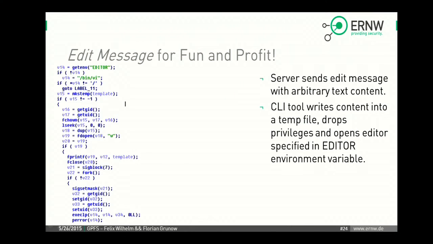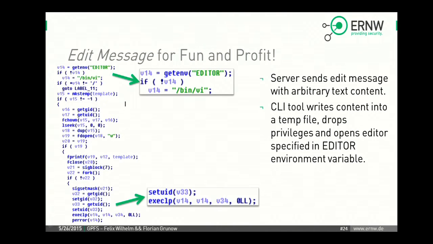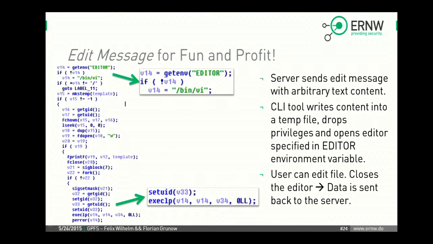You can see that right here. So we have the environment variable. If this is not set, it drops to vi. Then it drops privileges and executes the editor with the text that we are sending over the network.